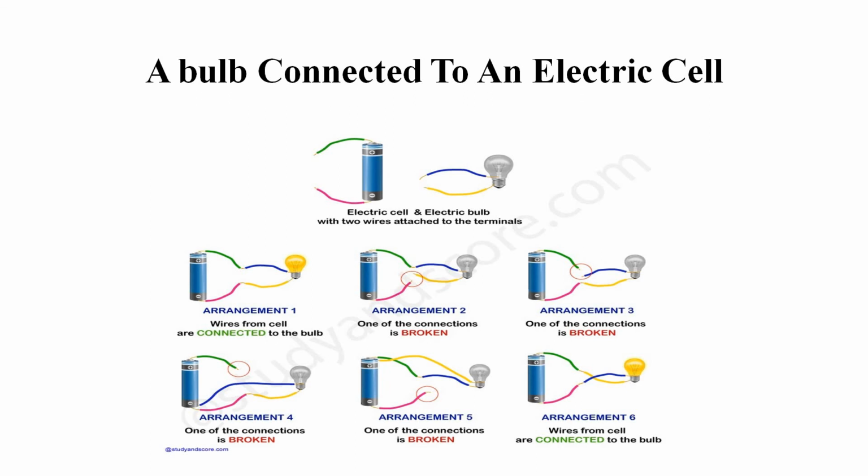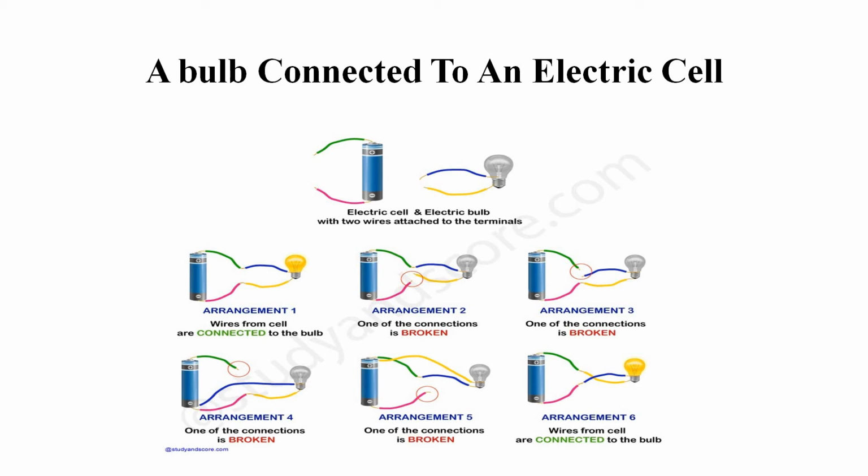Students, now let us know how a bulb is connected to an electric cell. Students, we know that a cell supplies electricity to the bulb and it lights up. Thus, a bulb will light up only when electricity is passed through it. Students, do you know how does the electricity pass through the bulb?